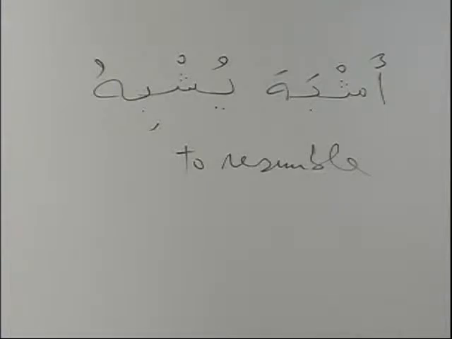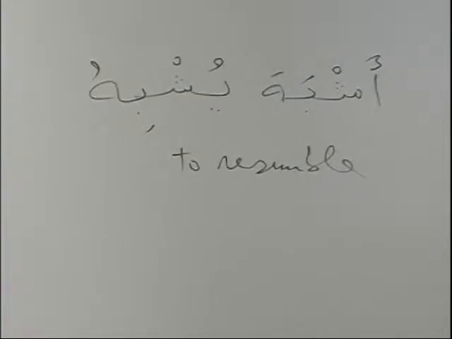Be similar. Okay? And then miqdar. What is the meaning of miqdar? Quantity. Miqdar means quantity. Now, quantity can be amount, size, volume, measure, proportion, number. These are all coming under the heading of quantity. Are you with me, brothers and sisters?